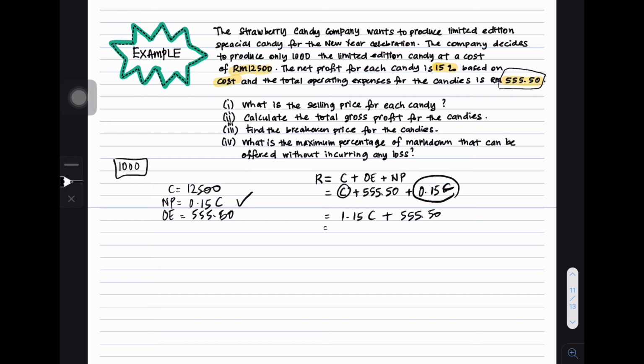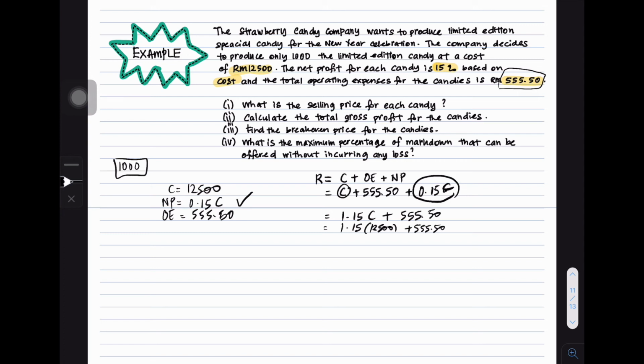So kita gantikan. So kita ada RM1.15 darab dengan 12,500. Okay, tambah dengan RM555.50. Okay, so awak boleh kira. 1.15 darab dengan 12,500.